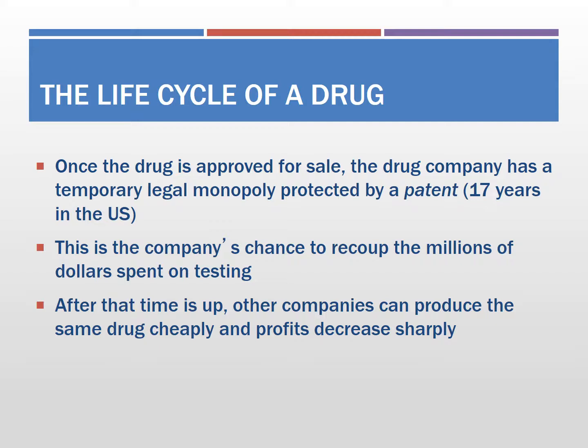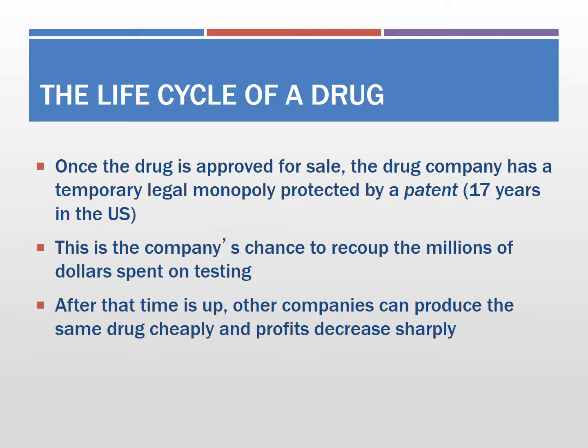In the US, it lasts for about 17 years, during which the drug is sold solely by this one company. This is the company's chance to recoup the millions of dollars spent on testing the new drug.